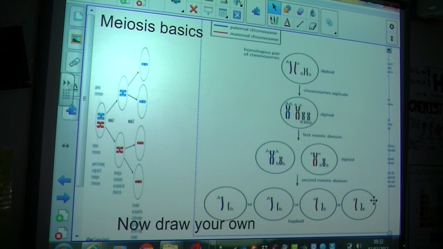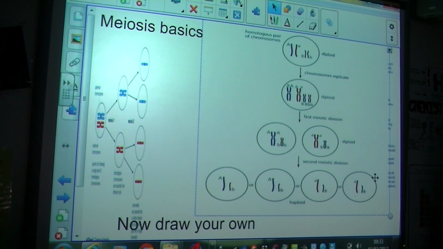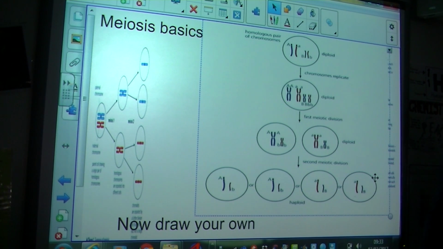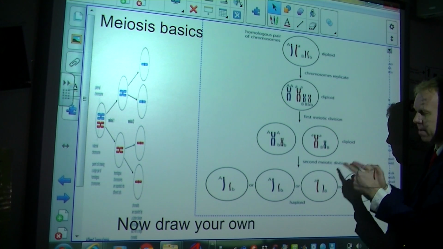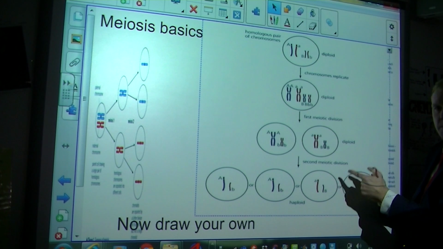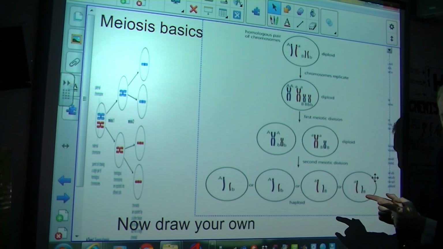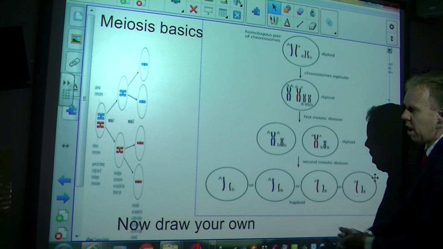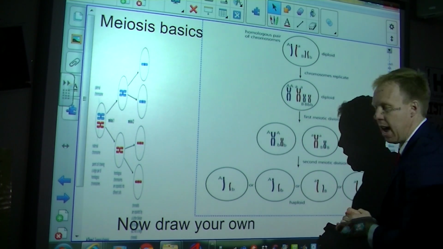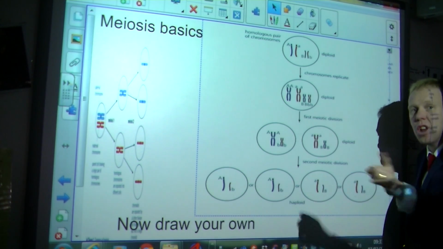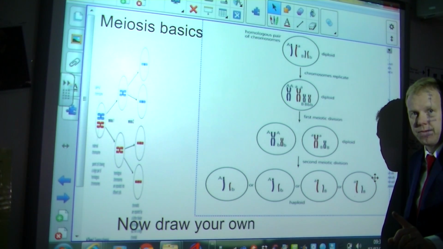Now, what leads meiosis to be so different from mitosis and to create gametes is this second meiotic division. Because now we separate the chromatids. So if I look at this cell here, when it undergoes the second meiotic division, there is no replication beforehand.